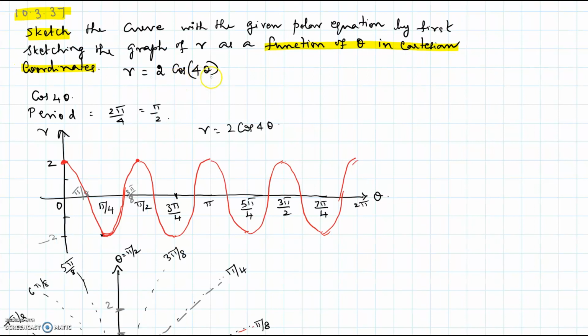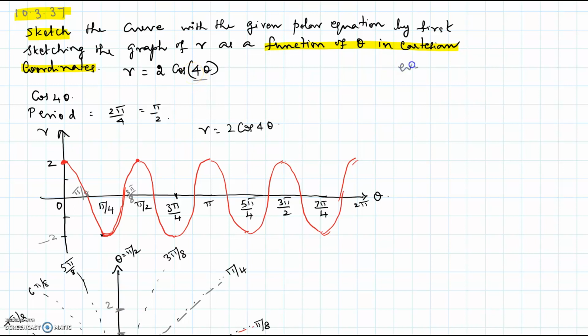When we do polar graphs, it's better to know how many petals there will be when the argument has an even coefficient, and when it has an odd coefficient. Here the argument is 4 theta for cosine, and 4 is an even number.